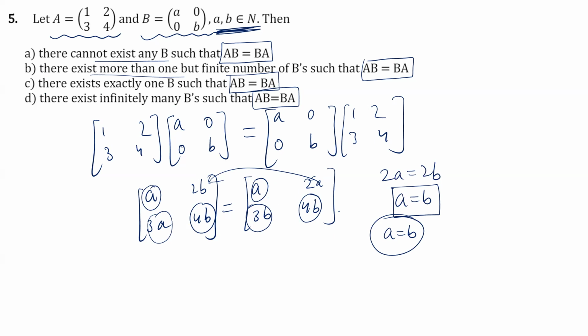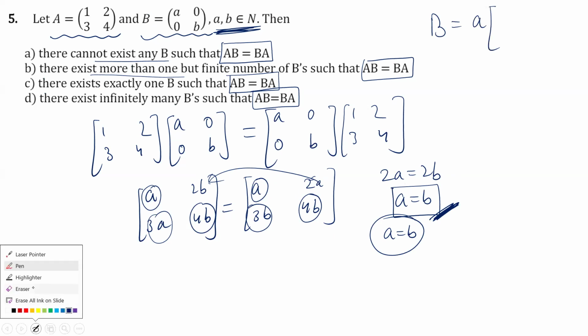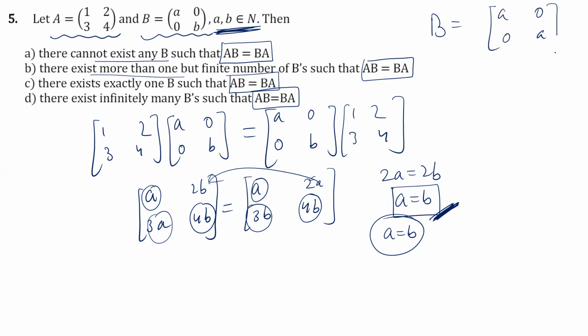So here you can see that if A equals B, you put in the matrix, that means B will be, okay, let me write completely. So B will be A0, 0A, and you can write B as taking A common, so 1, 0, 0, 1. So this will become B equals AI.